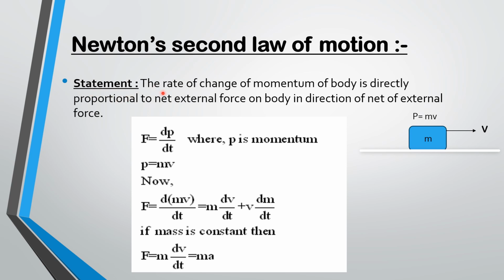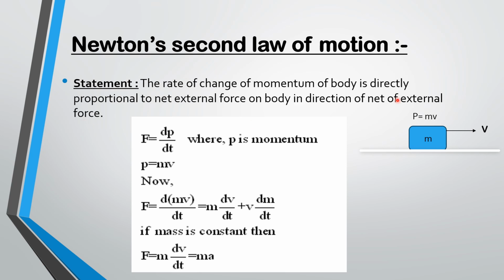The statement: the rate of change of momentum of a body is directly proportional to the net external force on the body, in the direction of the net external force.